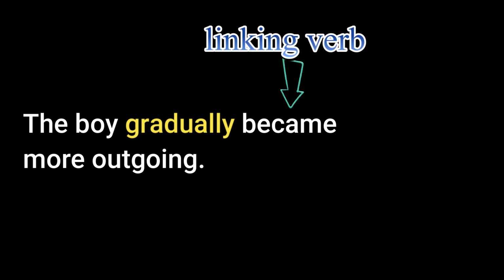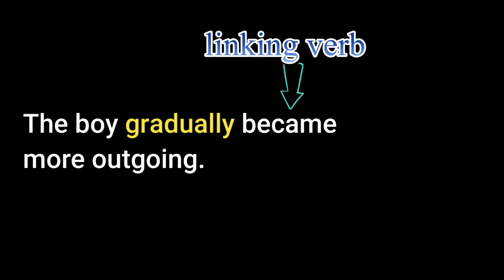What is the boy doing gradually? He became what? More outgoing. The linking verb is became. So you can use gradually became. Those words connect and link the boy and the word outgoing.